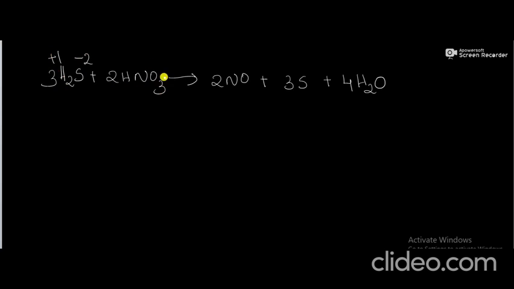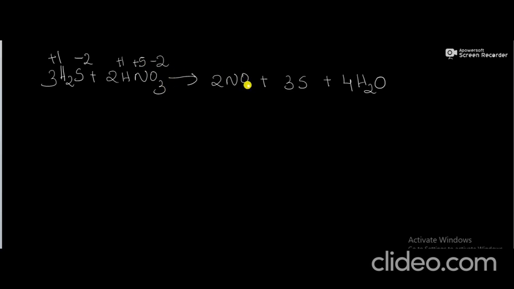In the case of HNO3, oxygen has oxidation number -2 and hydrogen has +1, so nitrogen has oxidation number +5 in order to maintain neutrality. Here -2 into 3 is -6. -6 plus 1 plus 5 is +6, so +6 minus 6 equals 0.